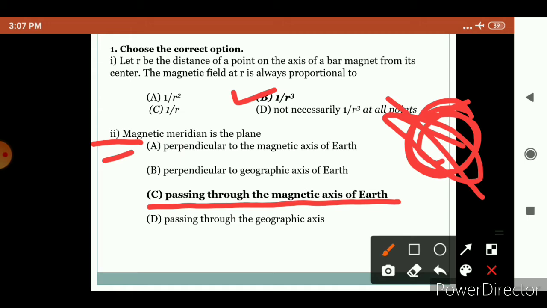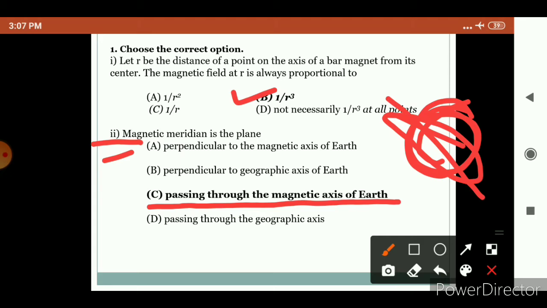So this magnetic meridian is a plane perpendicular to the surface of the earth, that is, a vertical plane, passing through the magnetic axis.